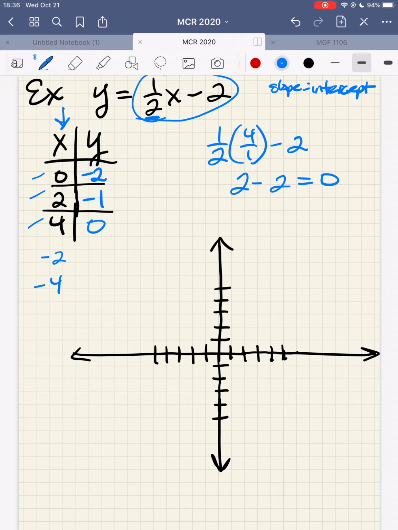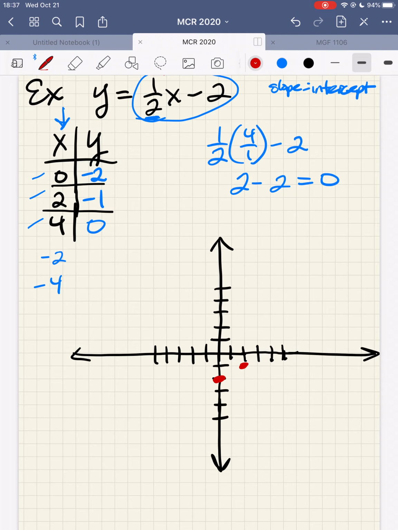Okay, so what I'm going to go ahead and do is graph all 3 points. So I have 0, which means I start from the origin, I don't move on the x-axis, and I go down to negative 2. My second point, I start from the origin and I go to 2 and negative 1.